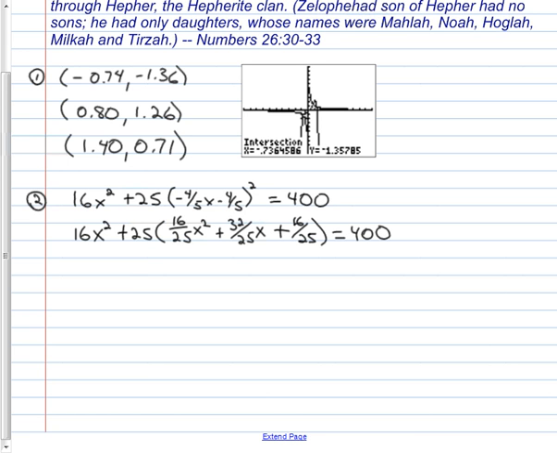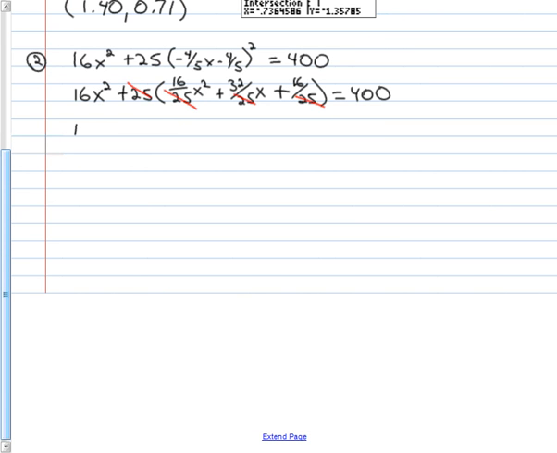Well, the nice thing here, when I go to distribute that 25, what happens? There they all go. So I would have 16x squared plus 16x squared, 32x squared, plus 32x.